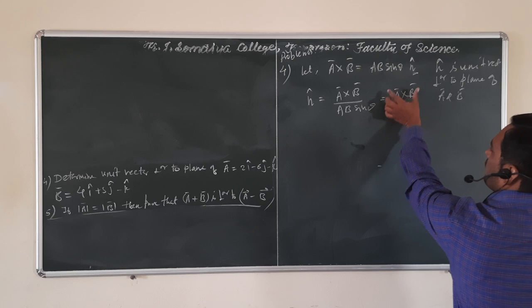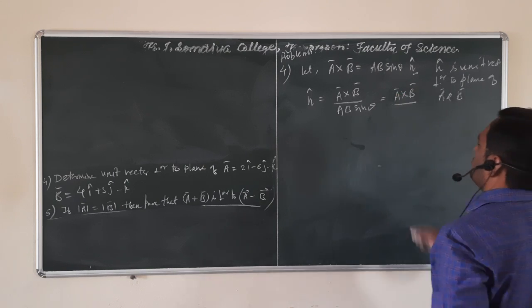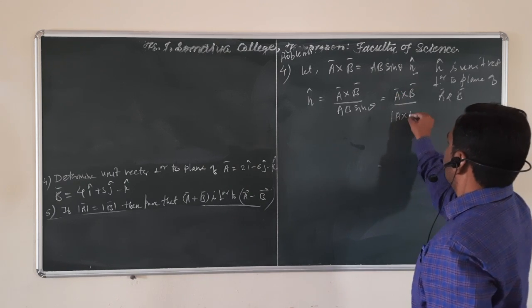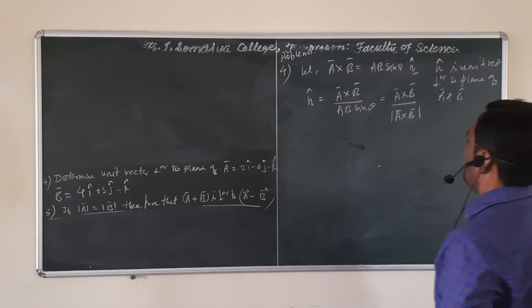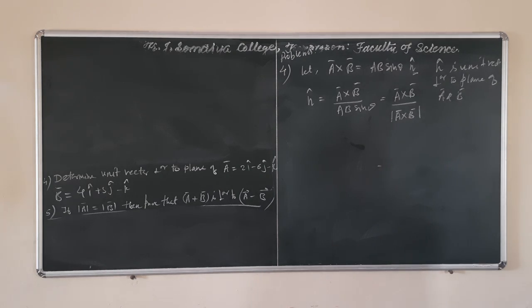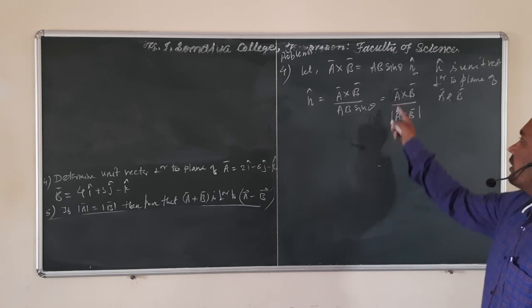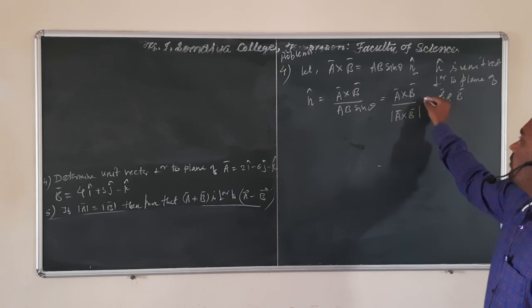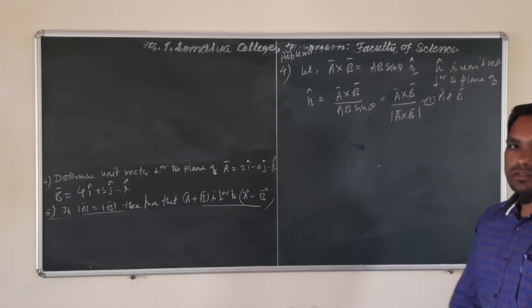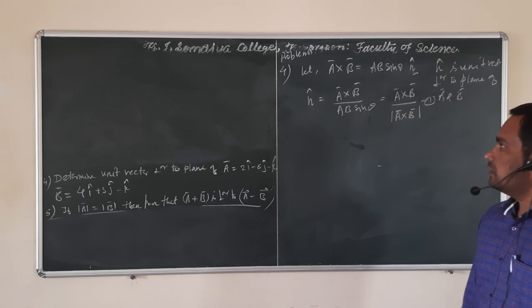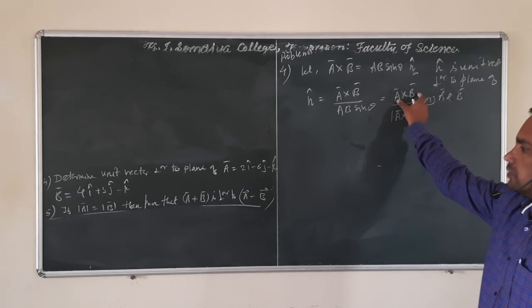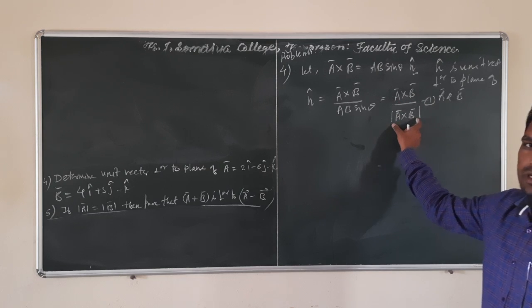AB sin theta is the magnitude of vector A cross B. In the previous problem, we have shown that the magnitude of A cross B is AB sin theta. So n cap is A cross B divided by the magnitude of A cross B. Call this equation 1. Now we have to find the cross product of these two vectors and the magnitude of that vector.